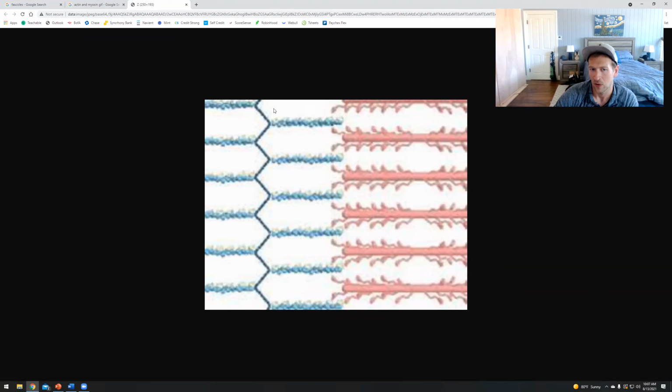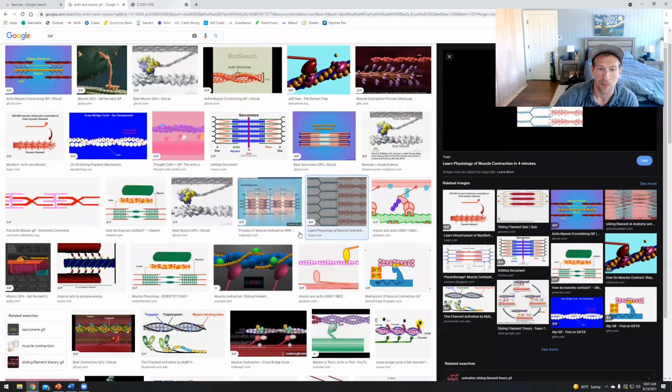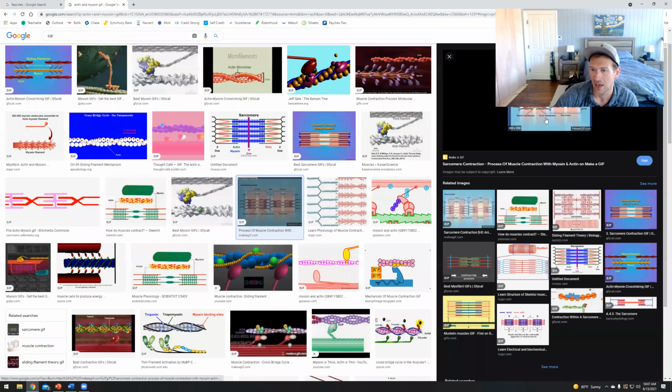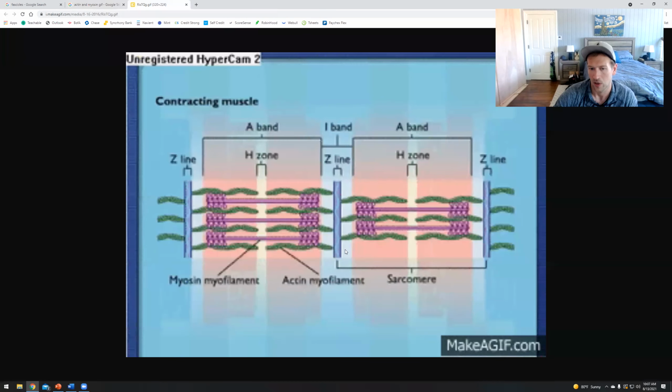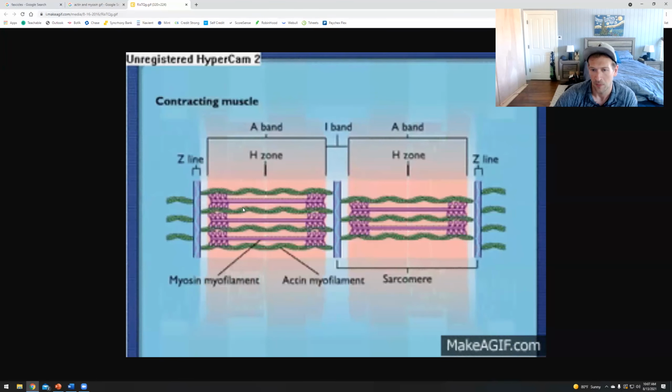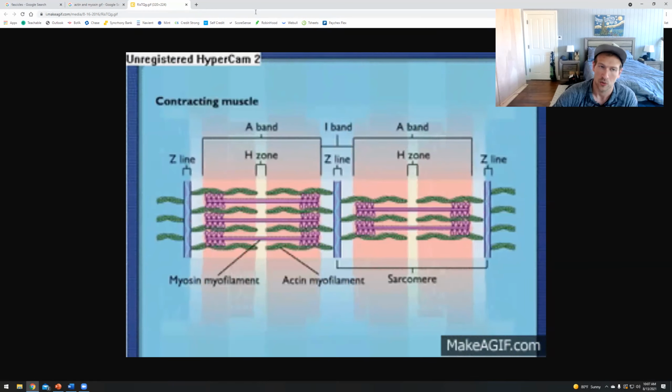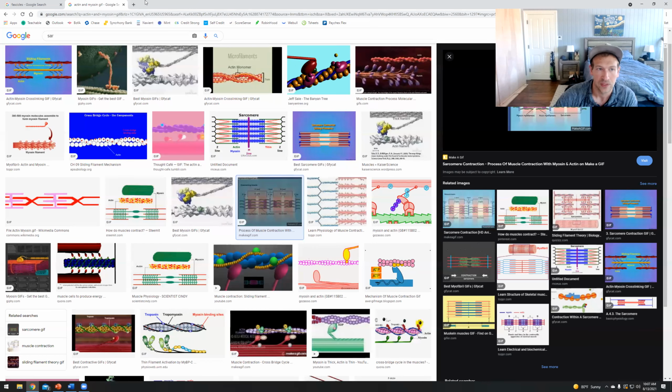See how they don't line up perfectly? That's on purpose. And that makes sort of a zigzag pattern. And so that's why we call it a Z-line. So every sarcomere has a Z-line on both ends. And those two Z-lines are basically being drawn together, right? So this one's pulling this way, this one's pulling this way, both of them sort of shortening at the same time.